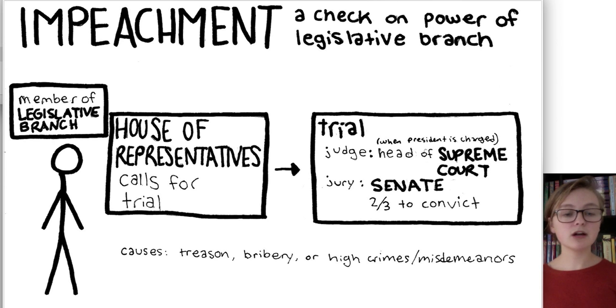And so once a trial is called for, then the Senate becomes the jury. And when it's the president, then the head of the Supreme Court acts as the judge. So this makes sure that if the president is doing something illegal or wrong, that Congress can keep him in check.